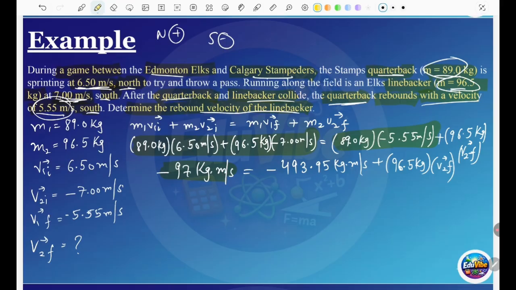If we move this over there, it goes to positive, so we do the subtraction.